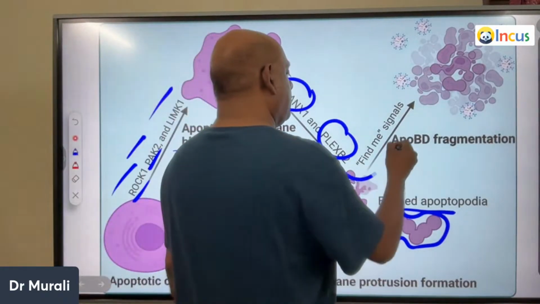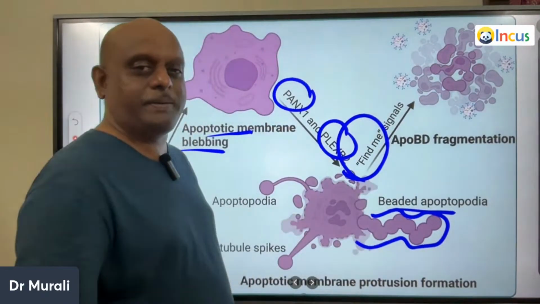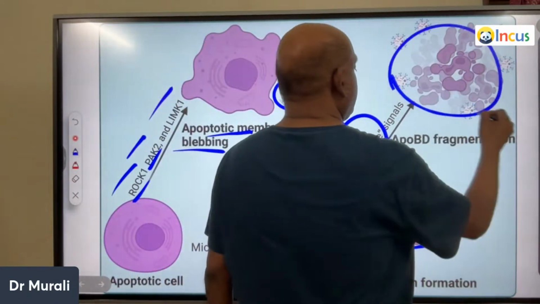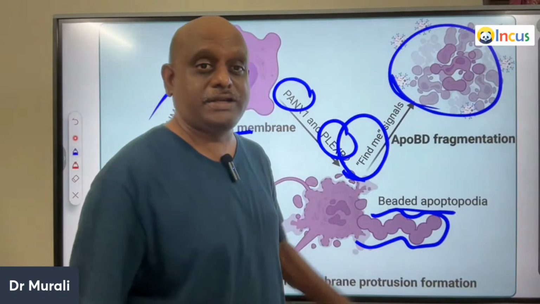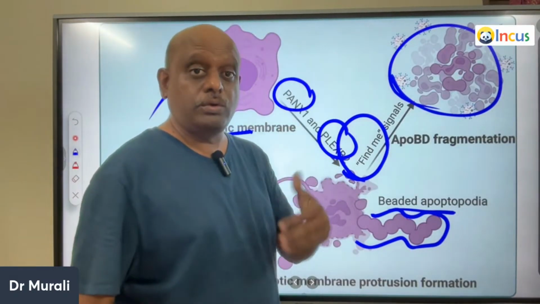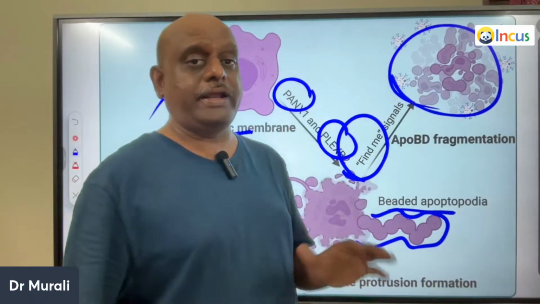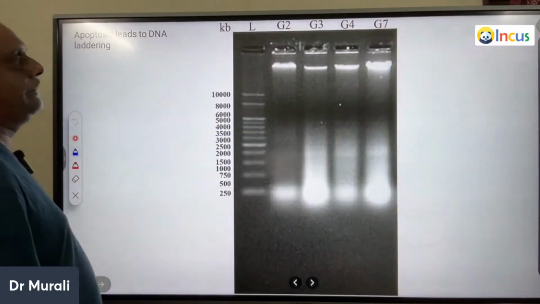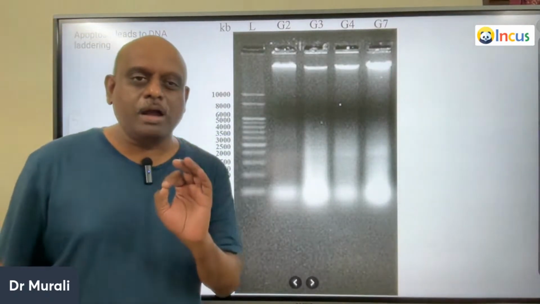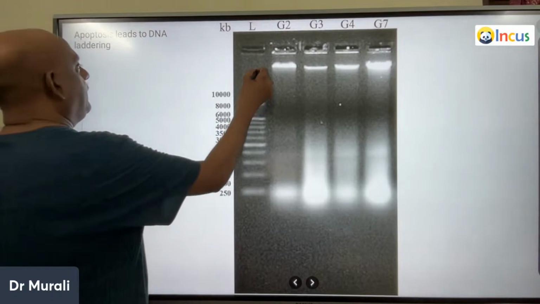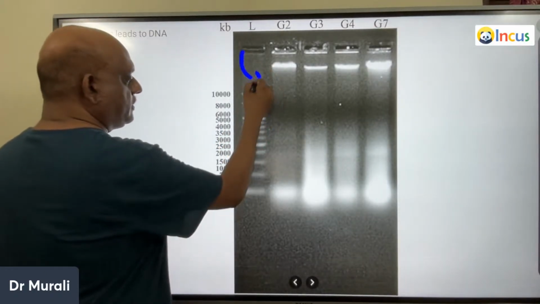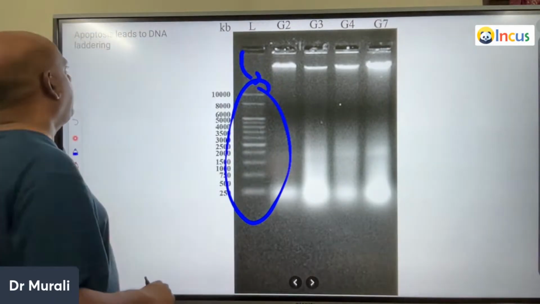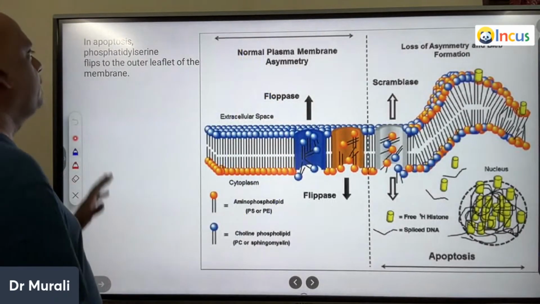And in turn, find-me signals are produced, which lead to the apoptotic body fragmentation. That's how ultimately, without any necrosis, a non-necrotic cell dissolution called apoptosis happens. What is a very important hallmark in apoptosis? DNA laddering is the hallmark of apoptosis, is what you should remember.